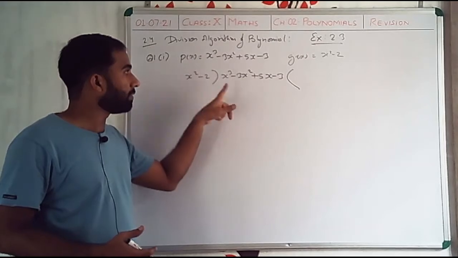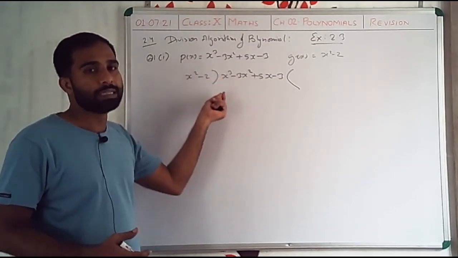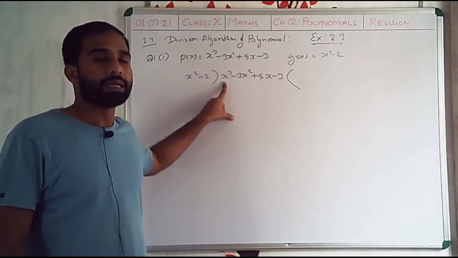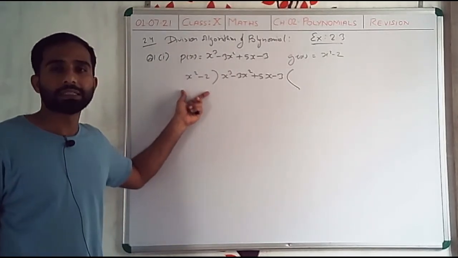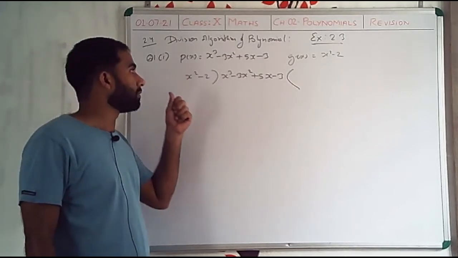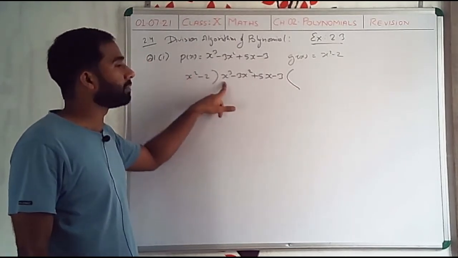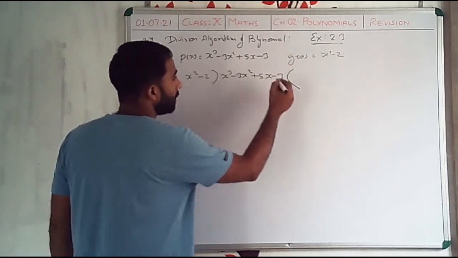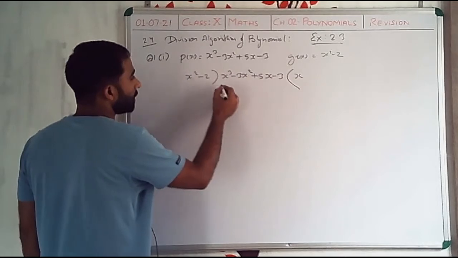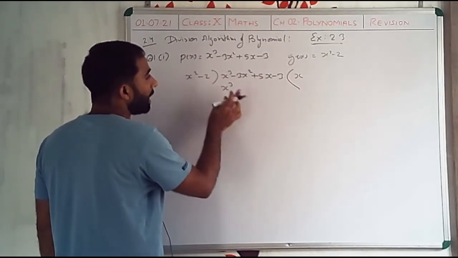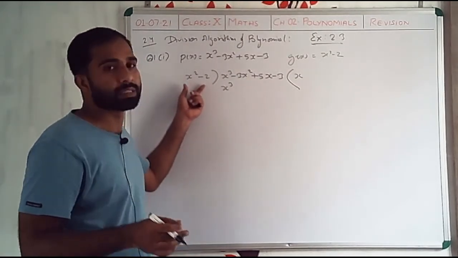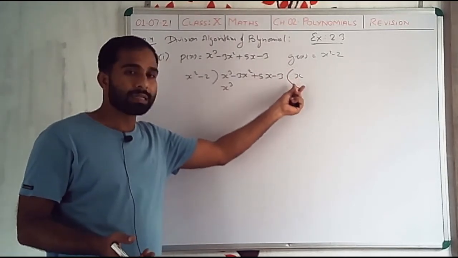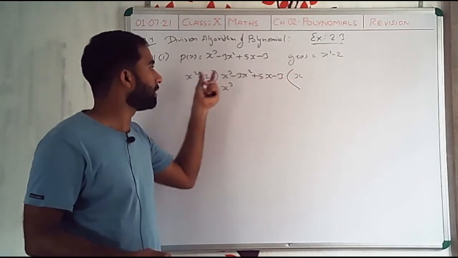Now we will consider the highest degree term. In the dividend the highest degree term is x cube and in the divisor the highest degree term is x square. So by what do we have to multiply x square to get x cube? Definitely your answer will be x. So here x cube, but there are two terms in the divisor, so we need to multiply by this value with each term.